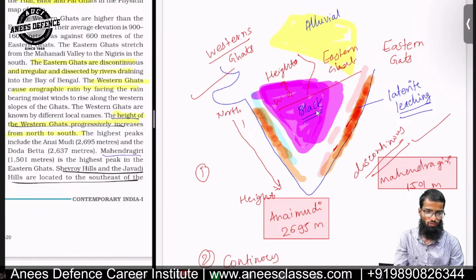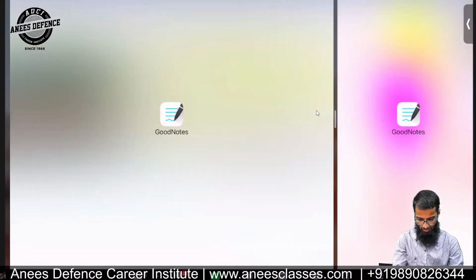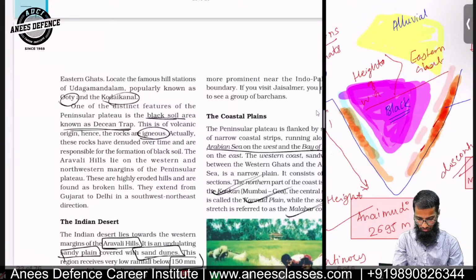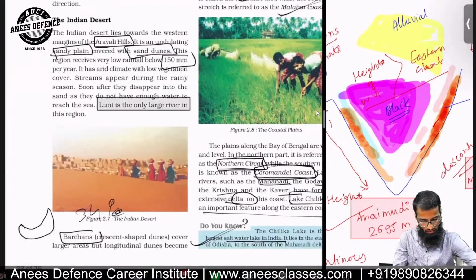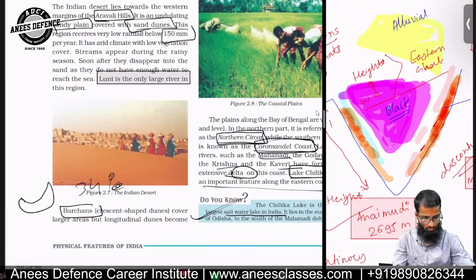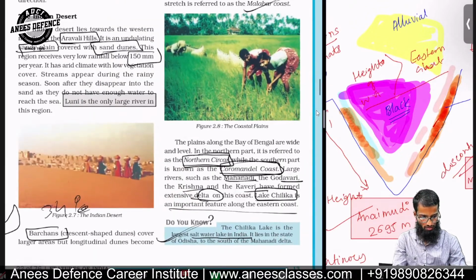So this is the highest mountain peak of the Eastern Ghats, and Anaimudi is of the Western Ghats. So I have covered that also. Just a minute.